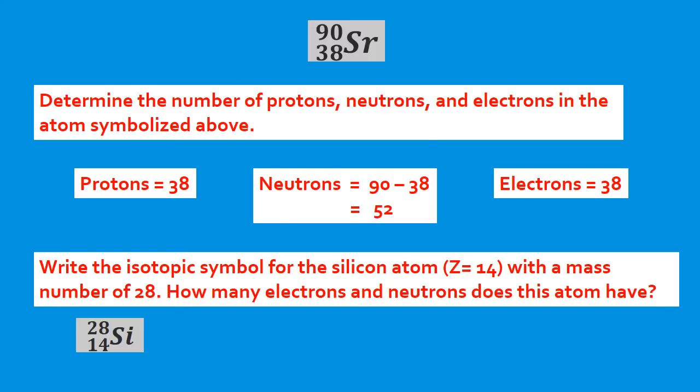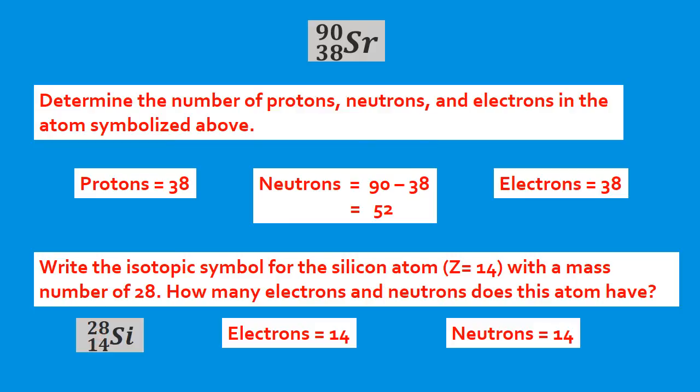So this is what your symbol should look like. In terms of electrons, electrons are equal to the number of protons, so the atomic number is the same as the number of protons, that is 14. And for the number of neutrons, we subtract the atomic number from the mass number, so 28 minus 14 gives us 14 neutrons.